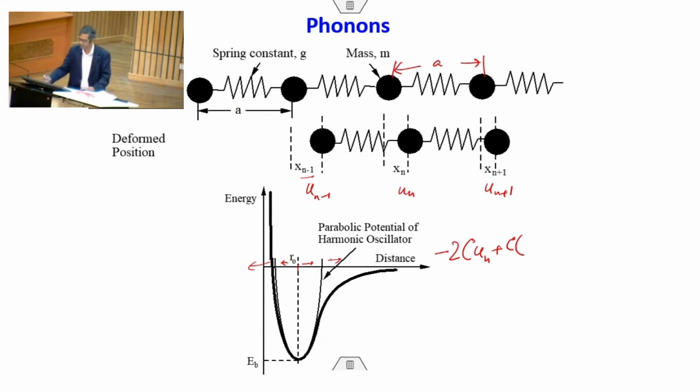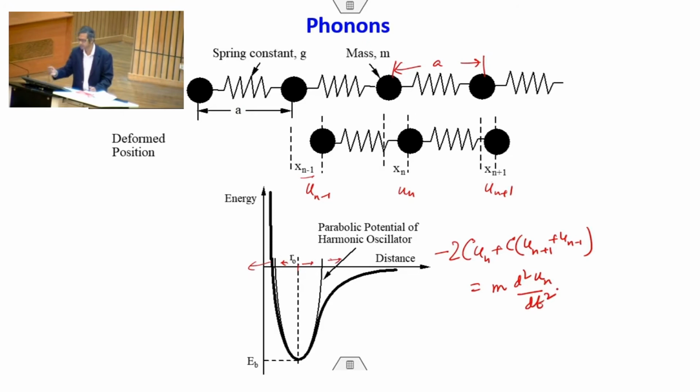This can be written like this. Why are you considering minus 2 u n? Because this central atom is pulled by the two other side atoms, at the n minus 1 and n plus 1 positions. This must be equal to mass m multiplied by acceleration.